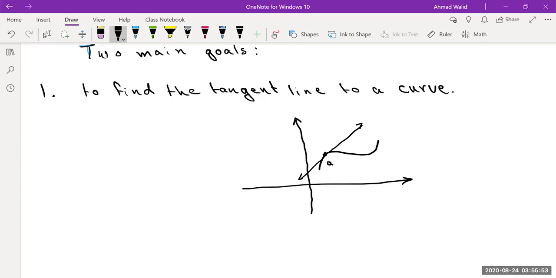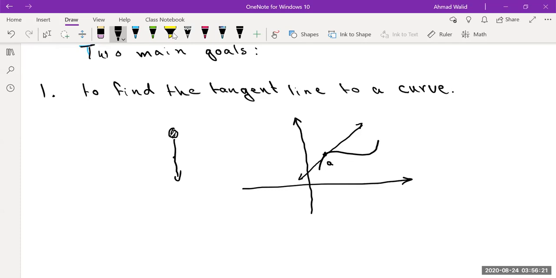Maybe you are aware of the history of Sir Isaac Newton, the man who wrote calculus for us, right? The focus of Sir Isaac Newton was to find the slope, correct? Maybe you saw this story before, that an object is falling down like this.